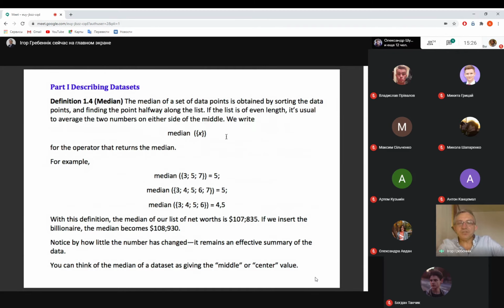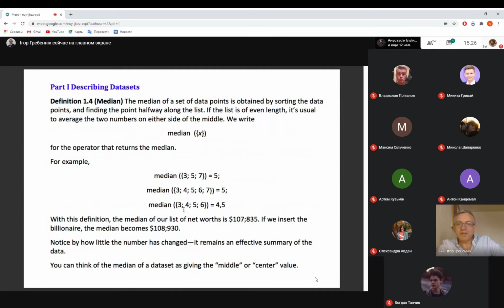This is the designation of median, and some very simple examples. The median of this data set with 3 elements is the middle element. Here, 5 elements and the middle element as well.